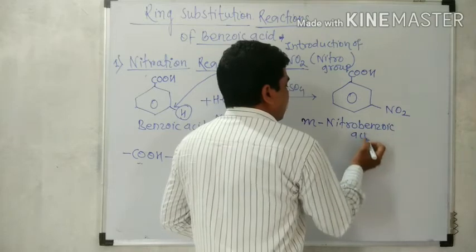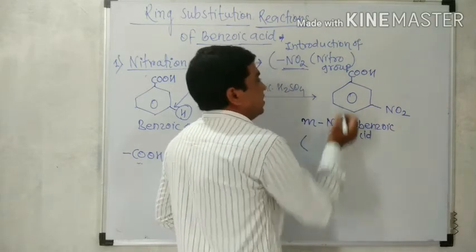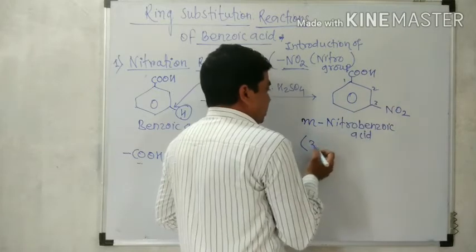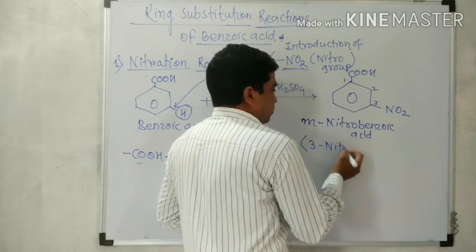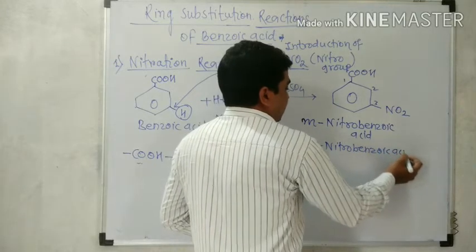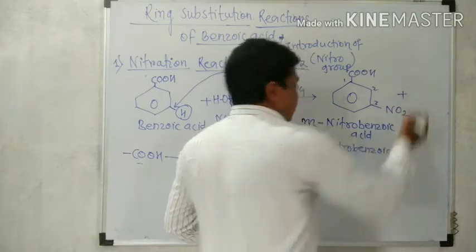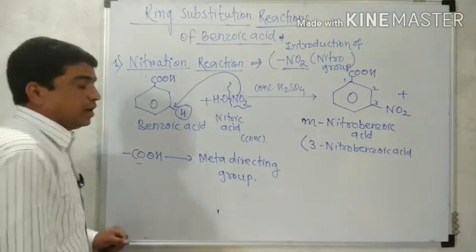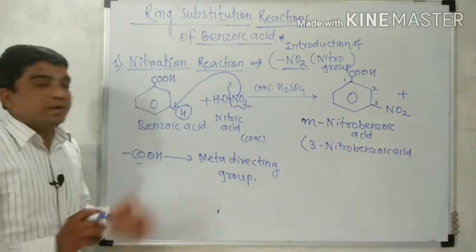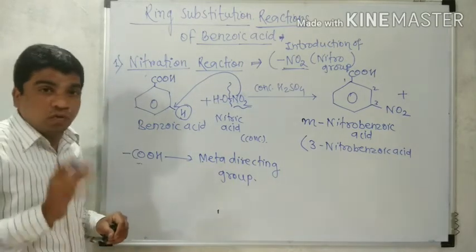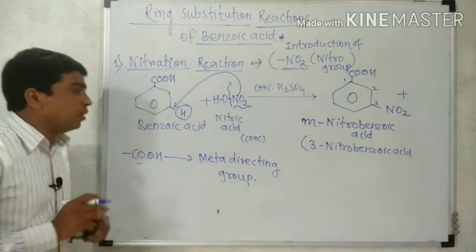Meta nitrobenzoic acid in the common name system, in the IUPAC system that is 3-nitrobenzoic acid. So we obtain here the complete meta product, not ortho or para, because COOH is only a meta directing group that prefers to add another incoming group to the meta position, not to ortho or para.